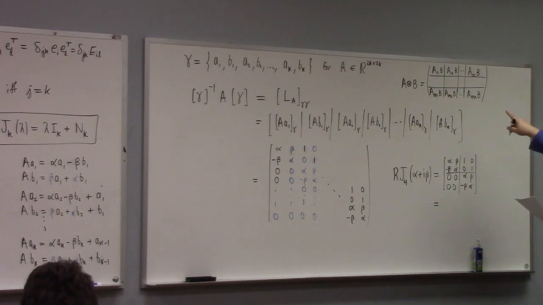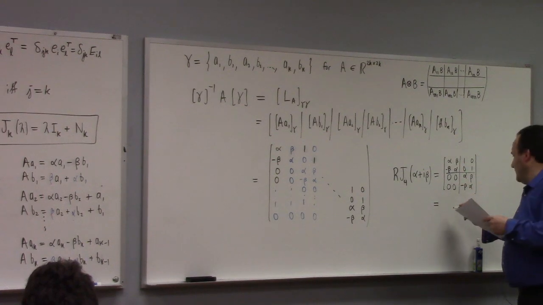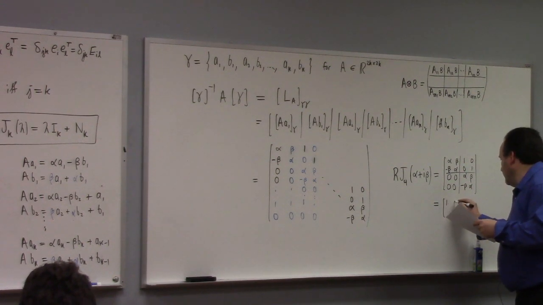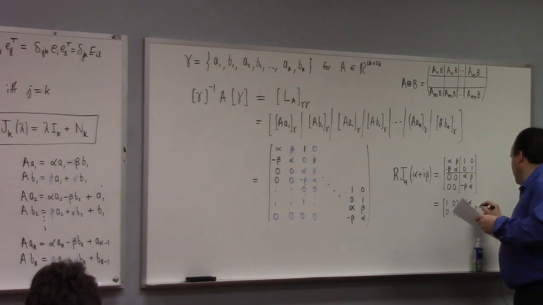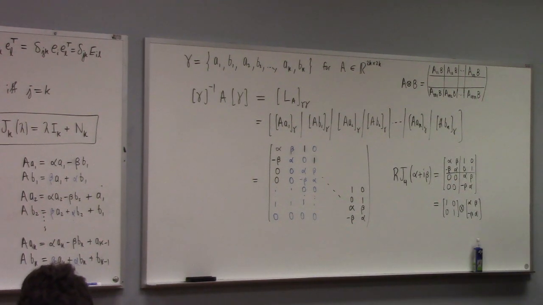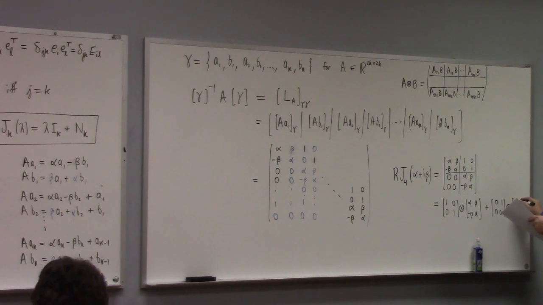So with respect to this notation, this is the 2 by 2 identity tensor the matrix alpha, beta, minus beta, alpha, plus this right here, which is the matrix 0, 1, 0, 0 tensor the identity matrix.